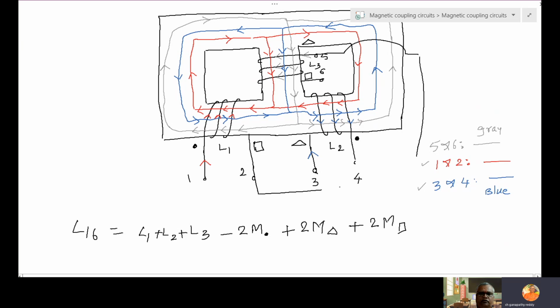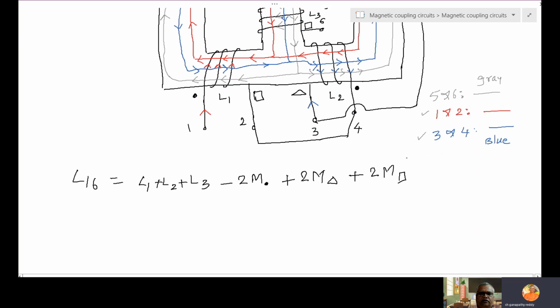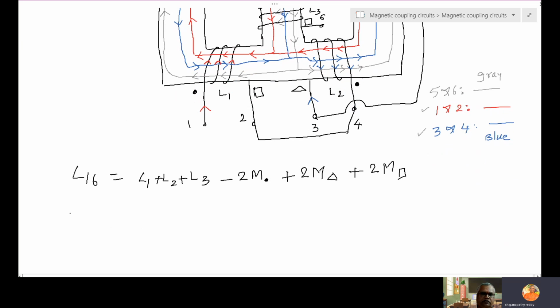Under this condition, what is L16? It is as usual L1 plus L2 plus L3. Now the current is entering at the dot here, and again entering at the dot. Therefore plus 2M dot.